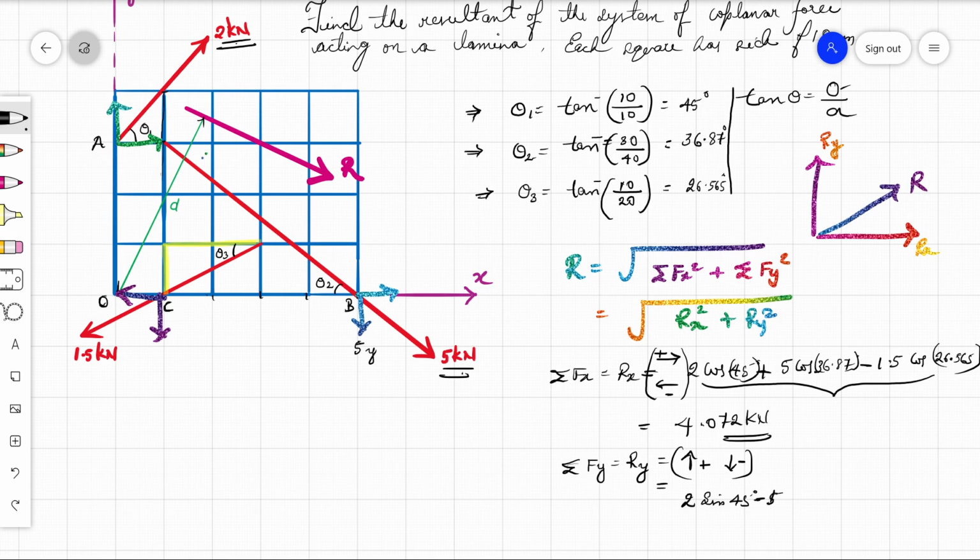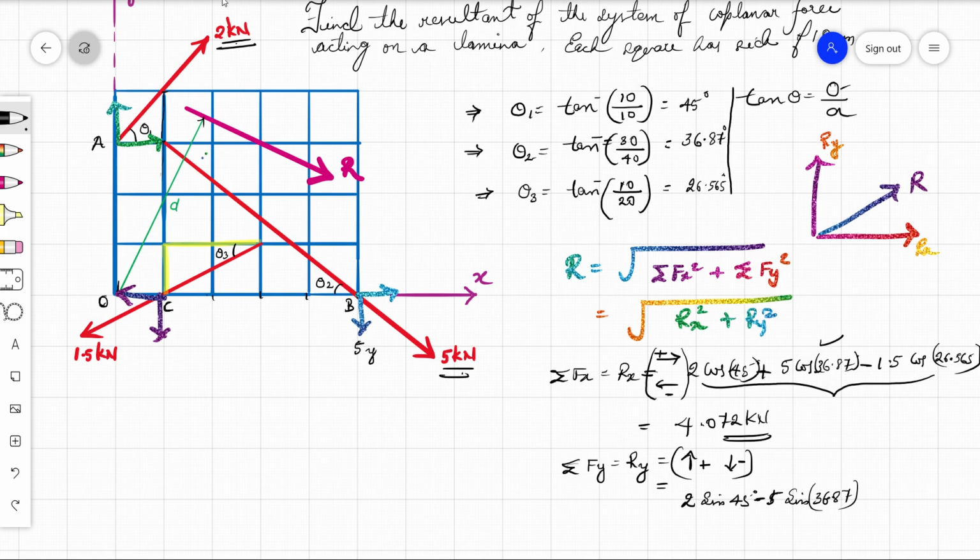The same value, cos 36.87 over here, becomes directly sine 36.87. No difference. The only thing you need to look at is the directions.